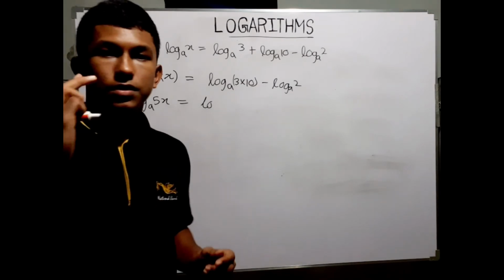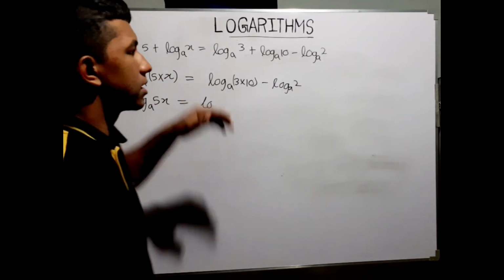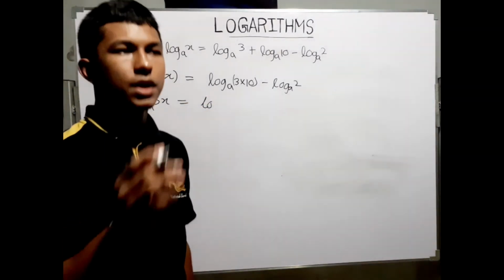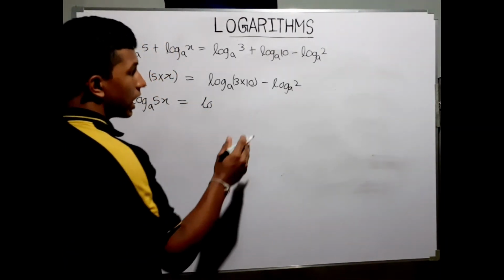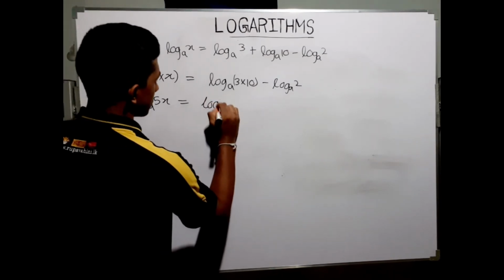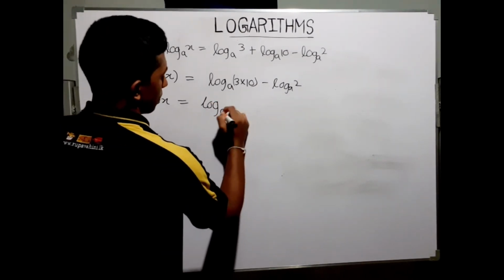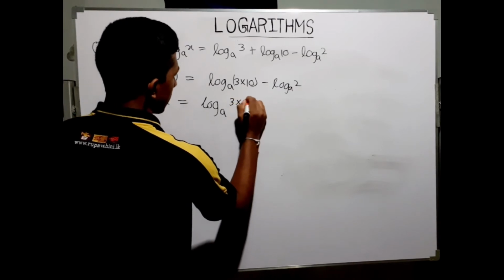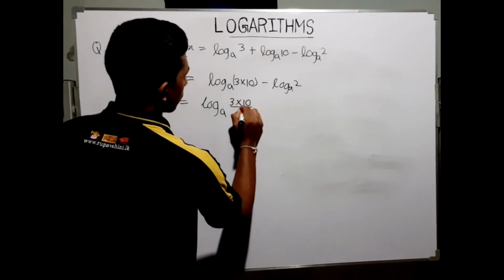In the second rule we learnt that log value of m over n to the base a is equal to log value of m to the base a minus log value of n to the base a. So we can write this as log a to the base a, and it's going to be the value of 3 multiplied by 10, this divided by 2.